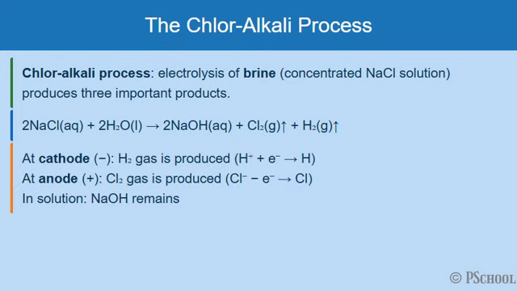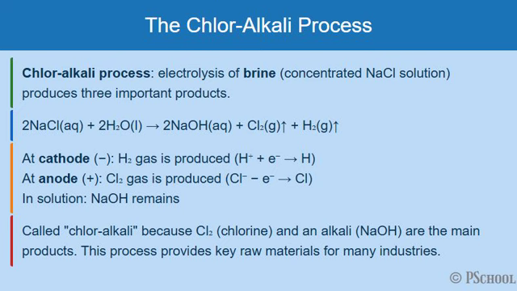At the cathode, negative electrode, hydrogen gas is produced. At the anode, positive electrode, chlorine gas is produced. Sodium hydroxide remains in solution. It is called chlor-alkali because chlorine and an alkali, sodium hydroxide, are the main products. These provide key raw materials for many industries.